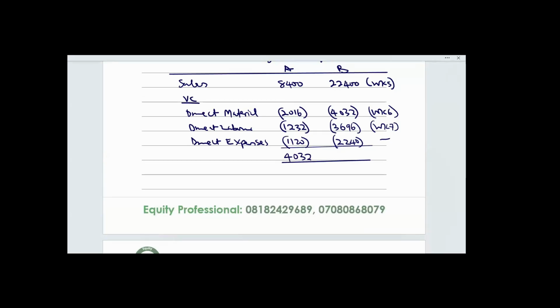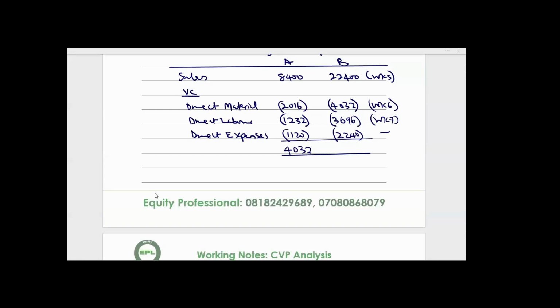Then for B, this will be 22400 minus 4032 minus 5936, which equals 12432. So this represents contribution margin.